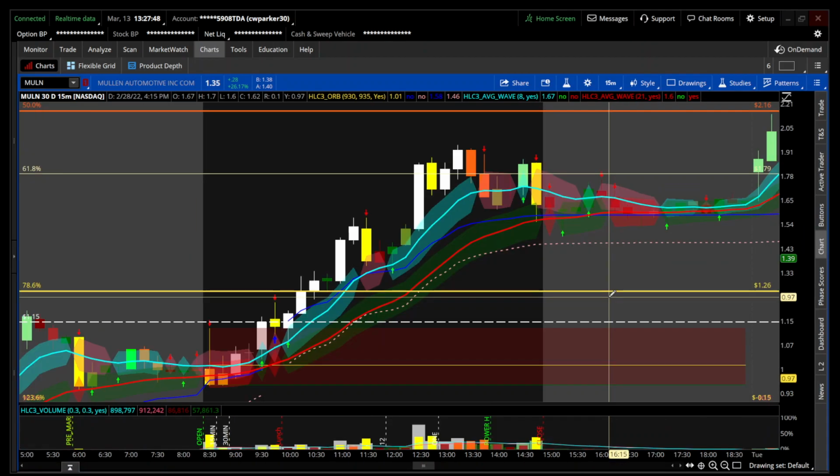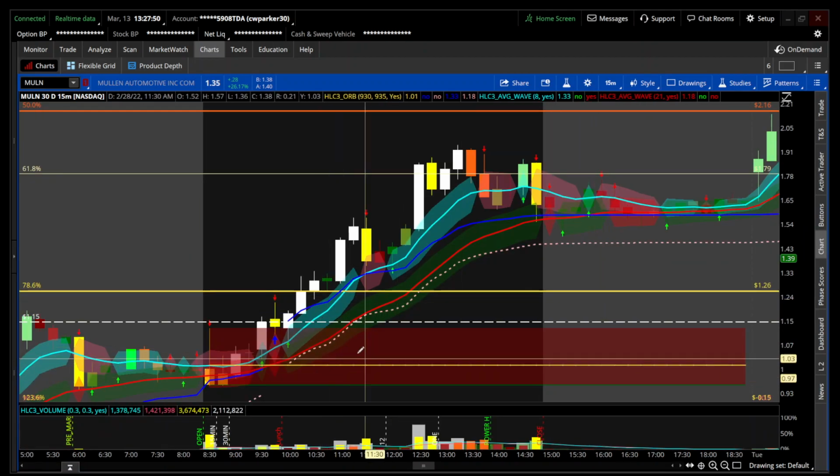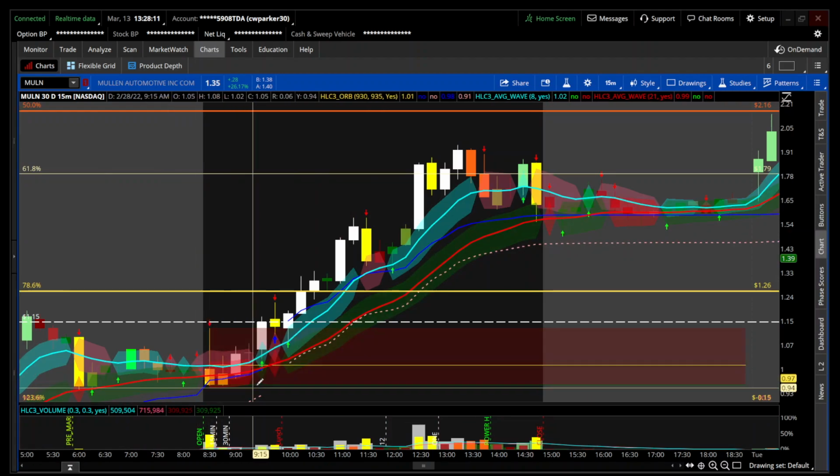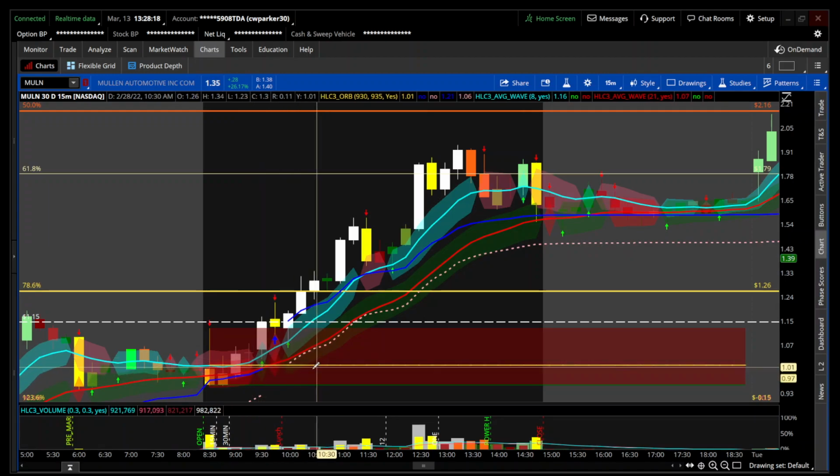So that was another bullish signal as well. But look at all this selling pressure that hit it as soon as the stock opened up for the day. You only had that little smidge of buying going on, but it held that area and created like an area of support. And here's your HLC3 average for that candle.